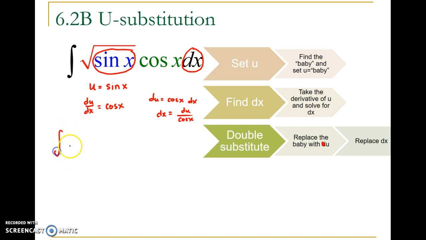It's going to be the integral of u to the 1/2 power times cosine of x times, and dx is equal to du divided by cosine of x. What we notice is that our cosine of x's cancel, so we're left with the integral of u to the 1/2 du.